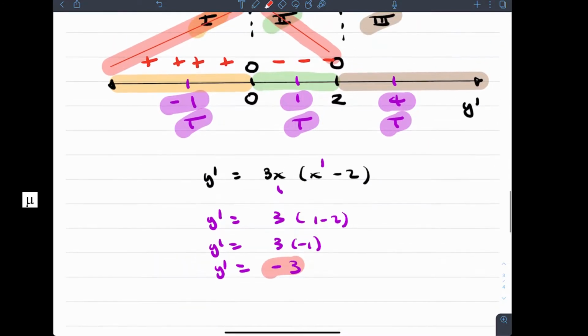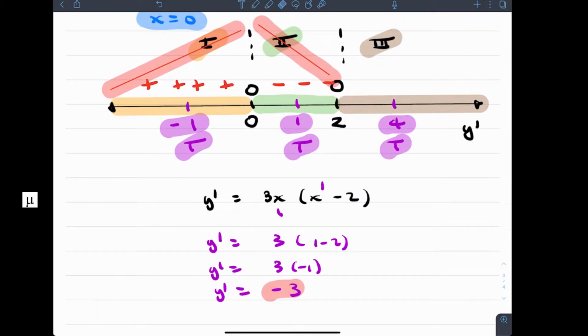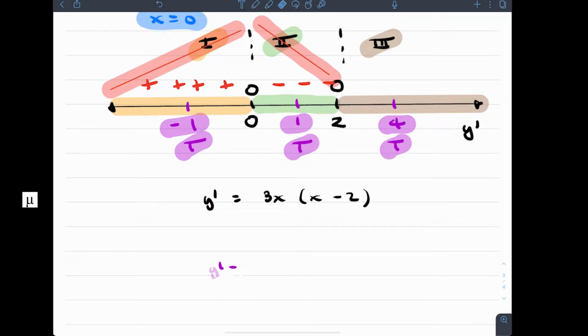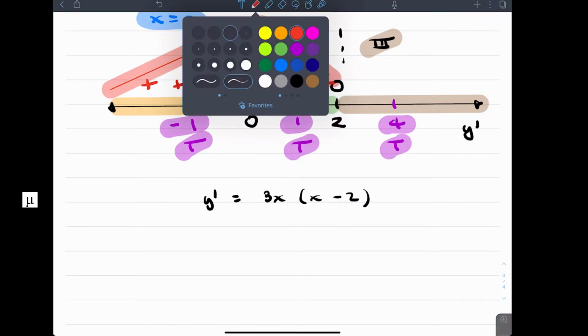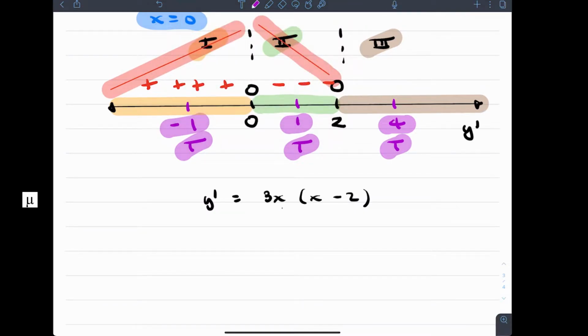All right, what about region 3, ladies and gentlemen? Plug in 4. What's that derivative? 3 times 4 is 12. What's 4 minus 2?